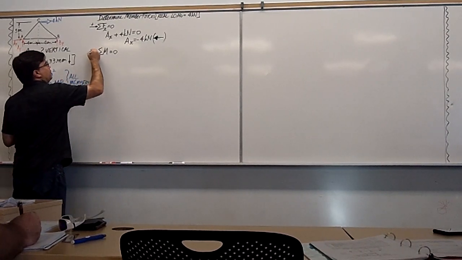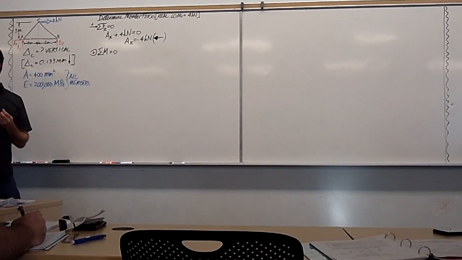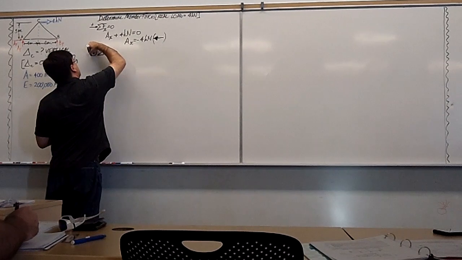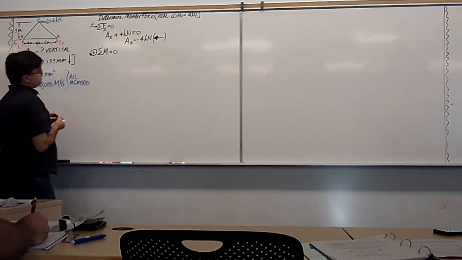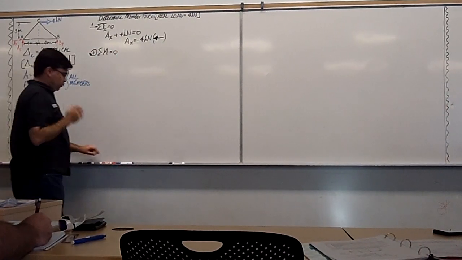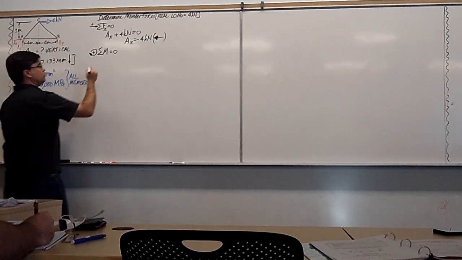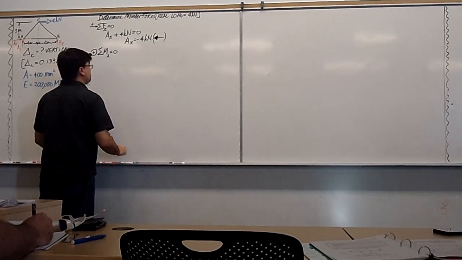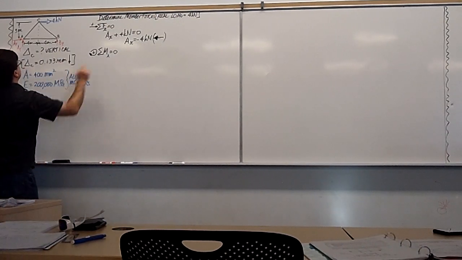What direction do you want to make positive for your moment? Clockwise or counterclockwise? Clockwise? Okay. We'll do that clockwise. And where do you want to do your moment about? Sure, why not? Any of the supports is a good place for it. Sum of the moments with respect to A. So right here.